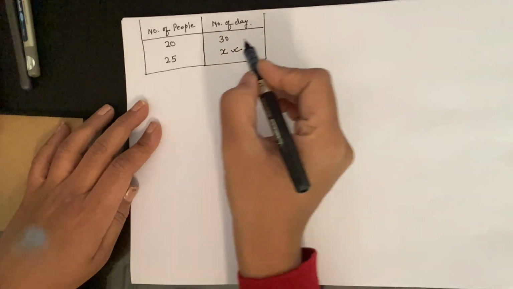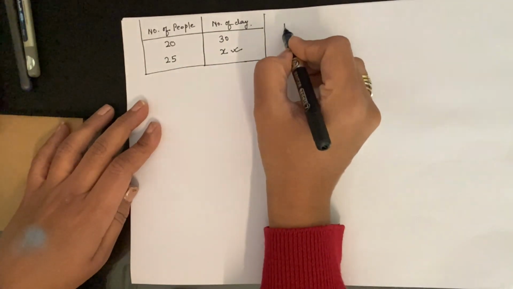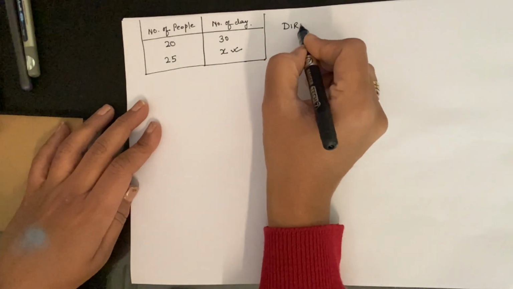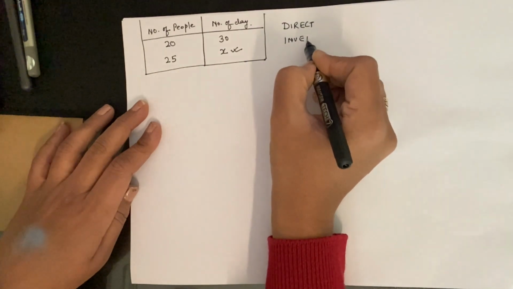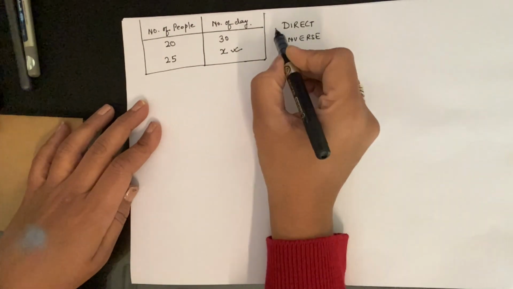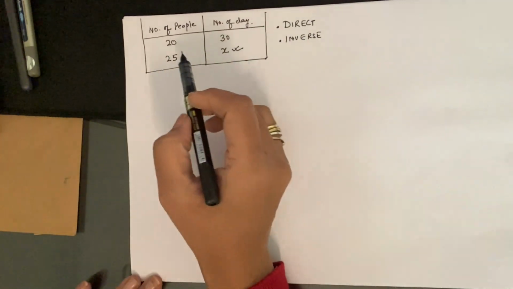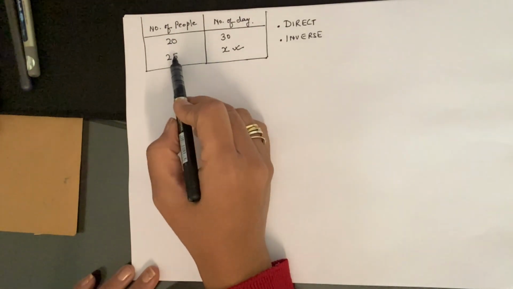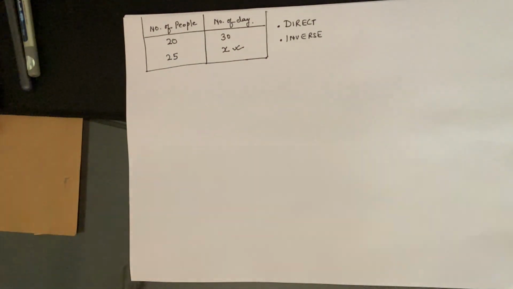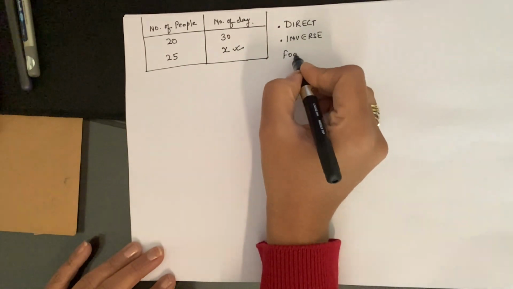Here what we'll do is we'll first try to understand if this is a direct proportion or an inverse proportion. Okay, so is this a direct or inverse proportion? So here we can see that as the number of people will increase, of course the same quantity, because here the food is constant.